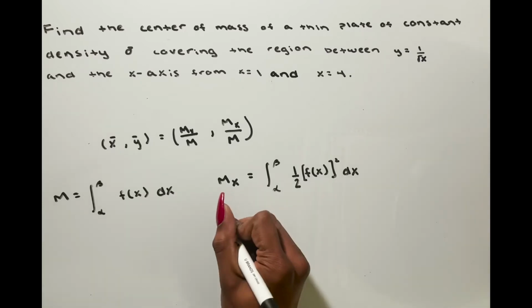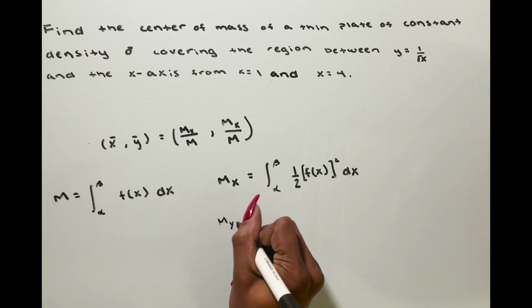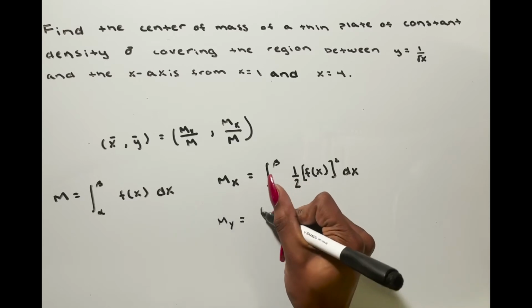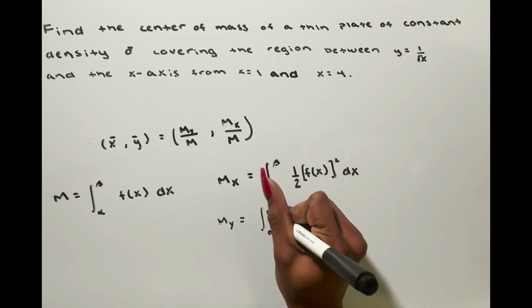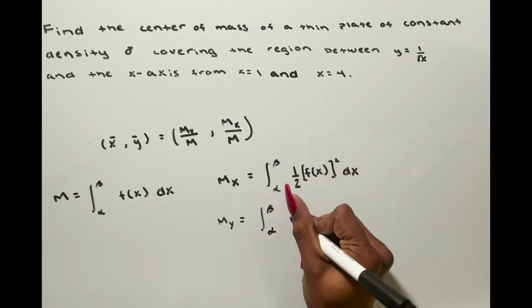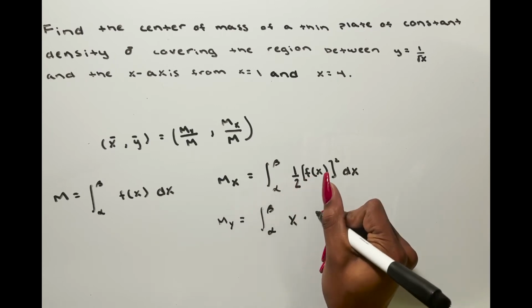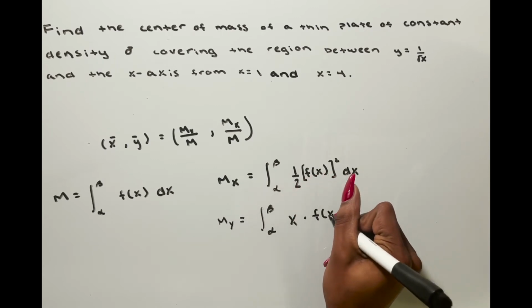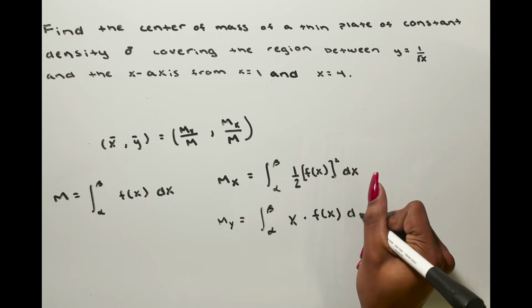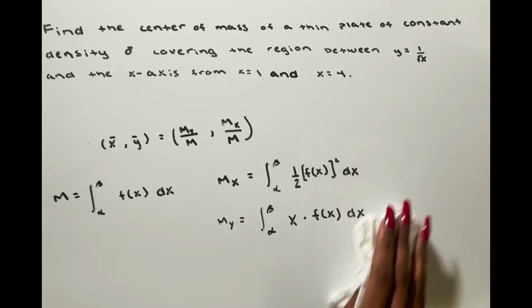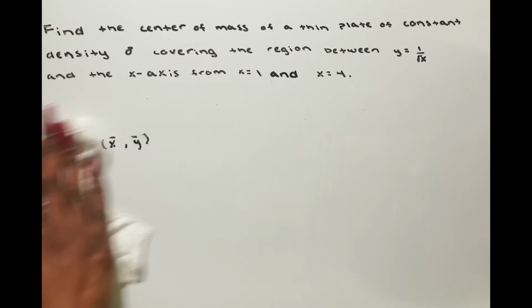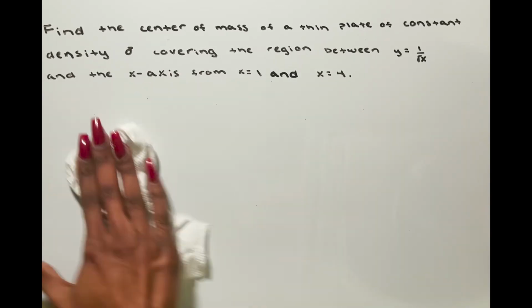The last formula we'll need is m sub y, which equals the integral from alpha to beta of x times our function with respect to x. Now we have everything we need to begin to find the center of mass.